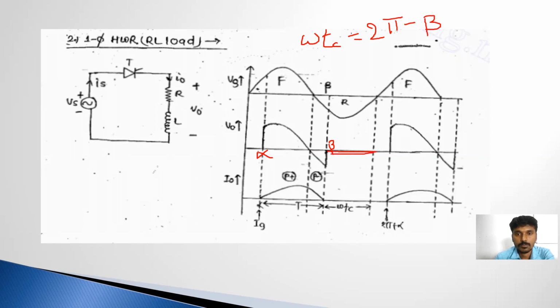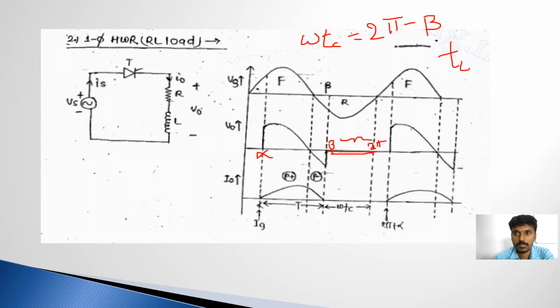From here to here is the on time, and this is the 2 pi. Subtracting beta from 2 pi gives this portion. That is why omega tC is equal to 2 pi minus beta.